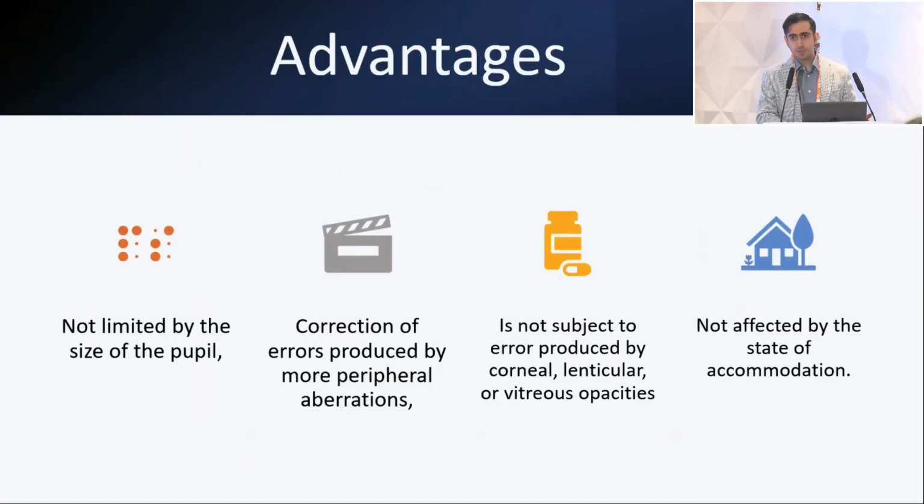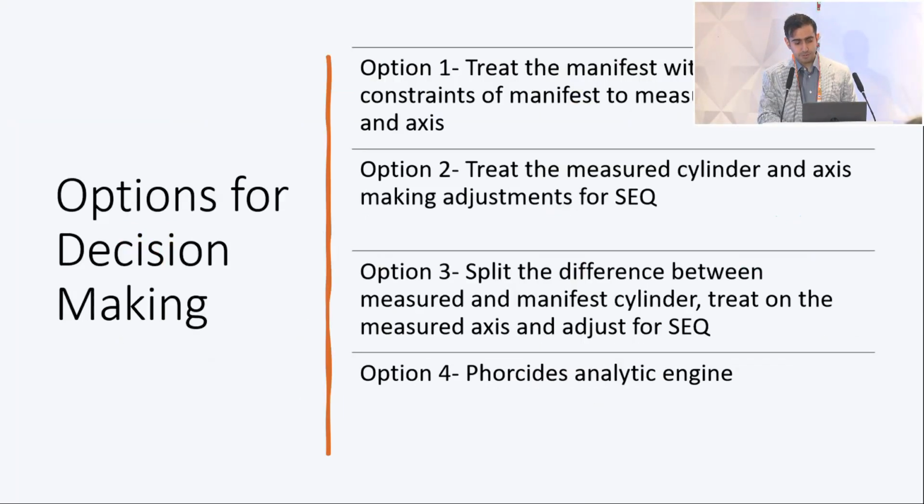The advantages of topo-guided treatments are that they are not limited by the size of the pupil, they correct errors produced by more peripheral aberrations, are not subject to error produced by corneal, lenticular, or vitreous opacities, and are not affected by the state of accommodation. Now the crux of the matter, where we get into a dilemma, is when the manifest refraction is not matching the cylinder on the topography device, and that's where we have various options.